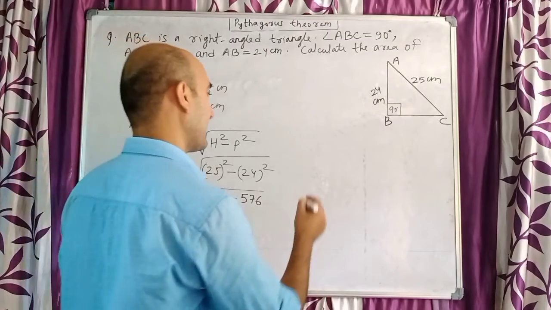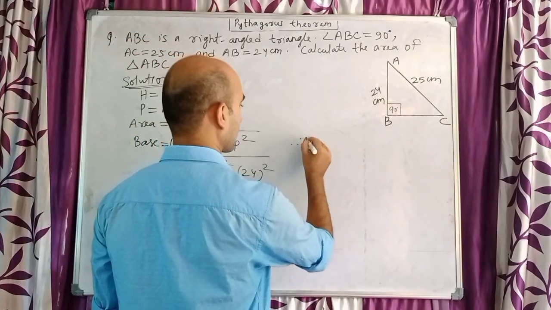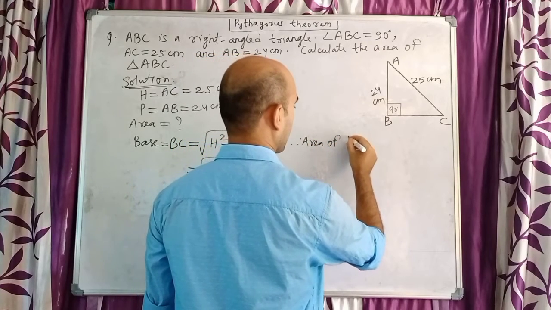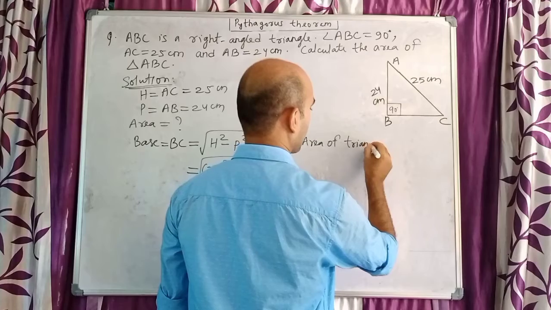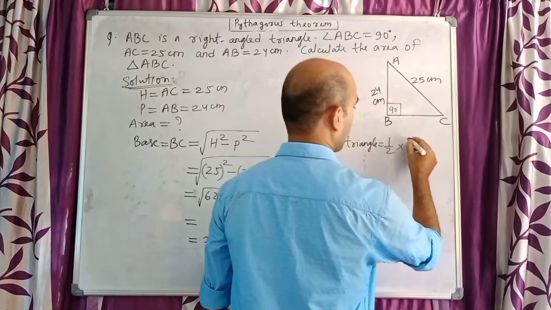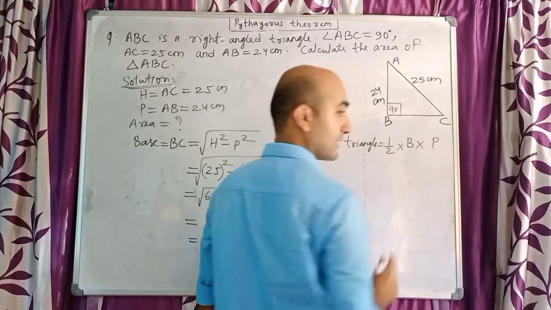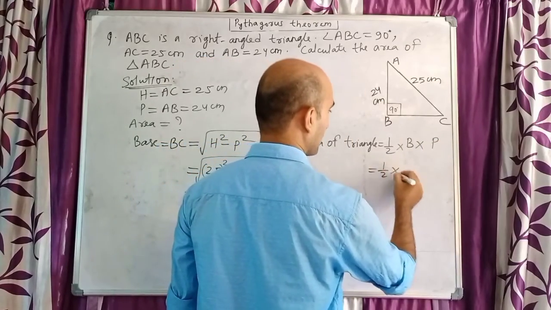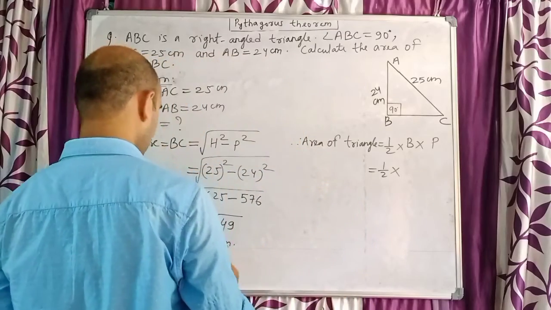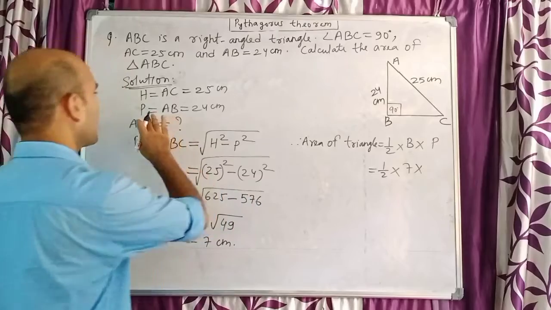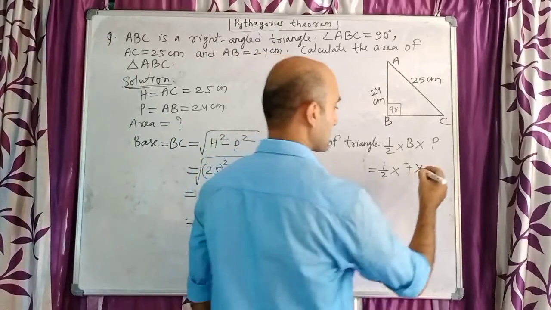Now you can find area, children, because area of triangle is half into base into perpendicular. Put the respective values. So half into base, your base is 7 centimeter and perpendicular also is given here, it is 24 centimeter.